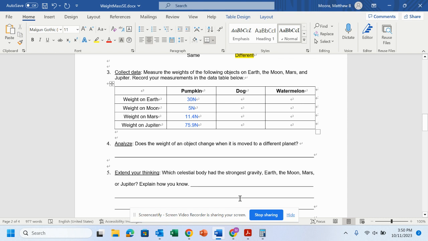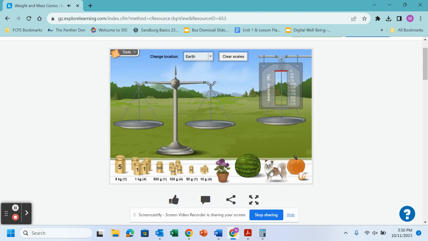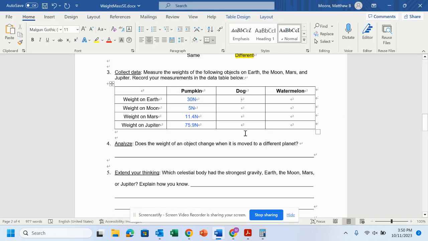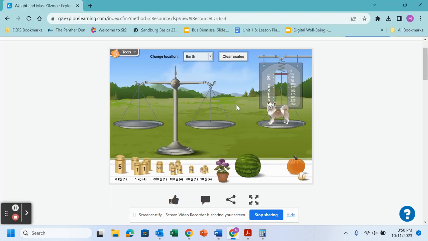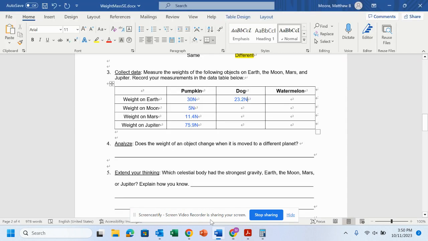Okay. And then we're going to do the dog. Okay. And clear the scales. Back to Earth. The dog is 23.2 newtons. So you put 23.2 newtons. And then Moon, 3.8 newtons.